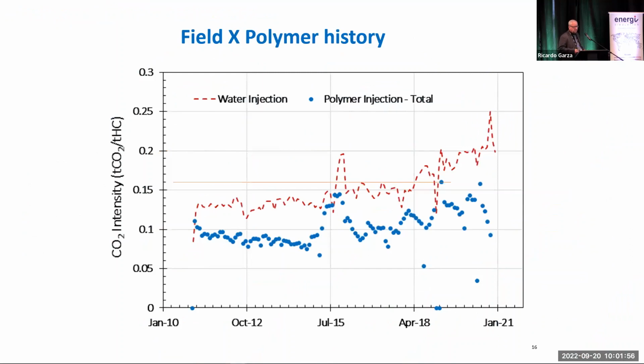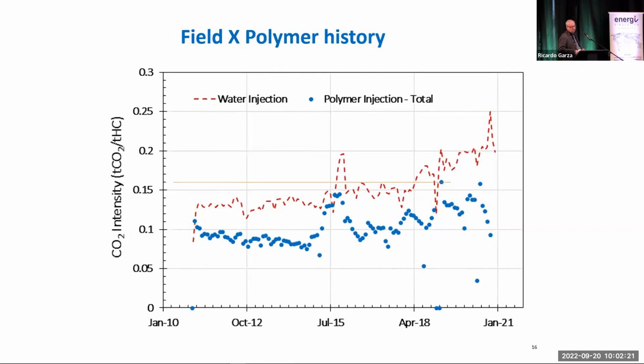Here's a case from a field which I was not able to give the name of, but we had production data from regions of water flood injection, and regions with the same maturity of the field with production and polymer injection over a similar period.